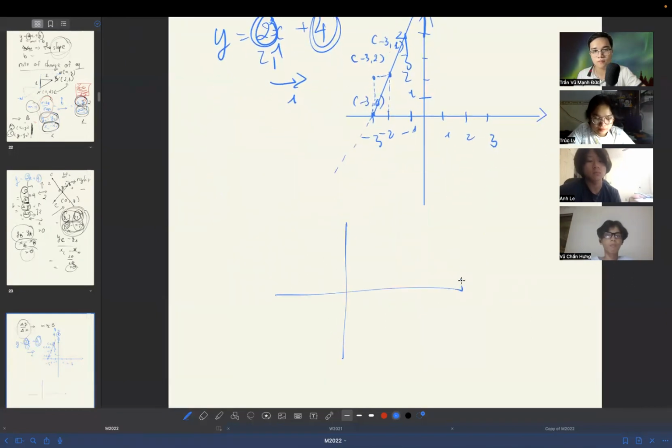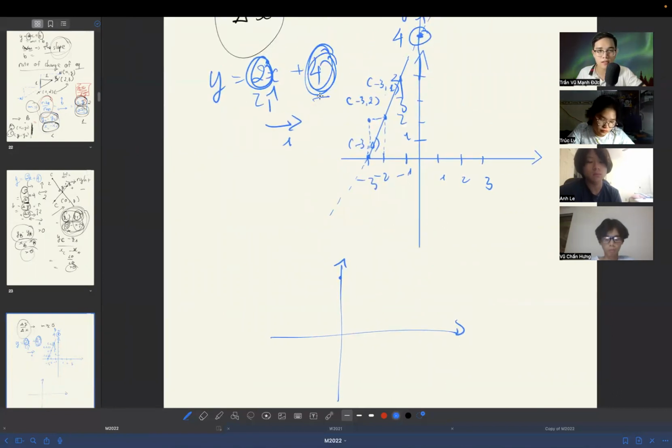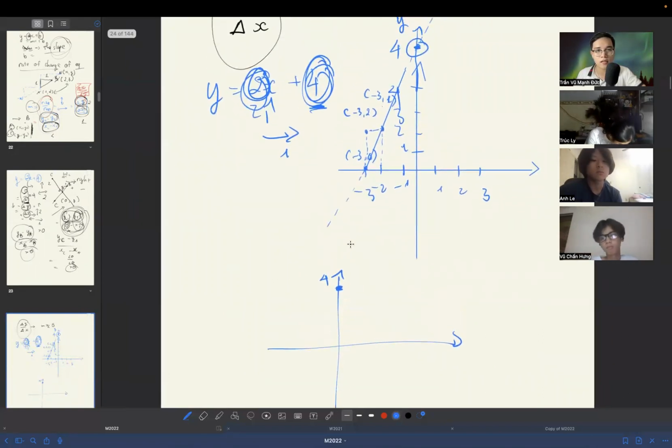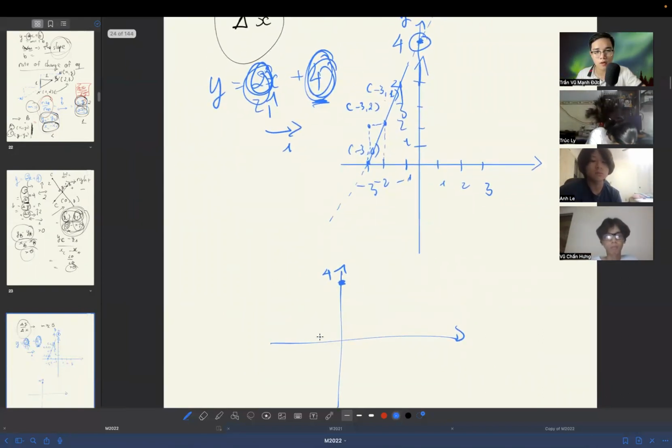On this graph, you take the B point here. The B point is basically this, 4. So you take 4, 4 is here, and you have the slope 2. You take one random point and move down by 2.